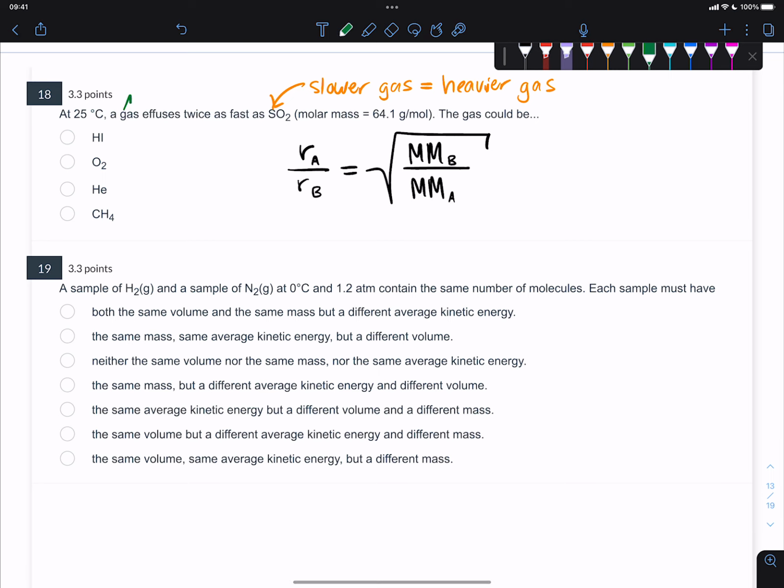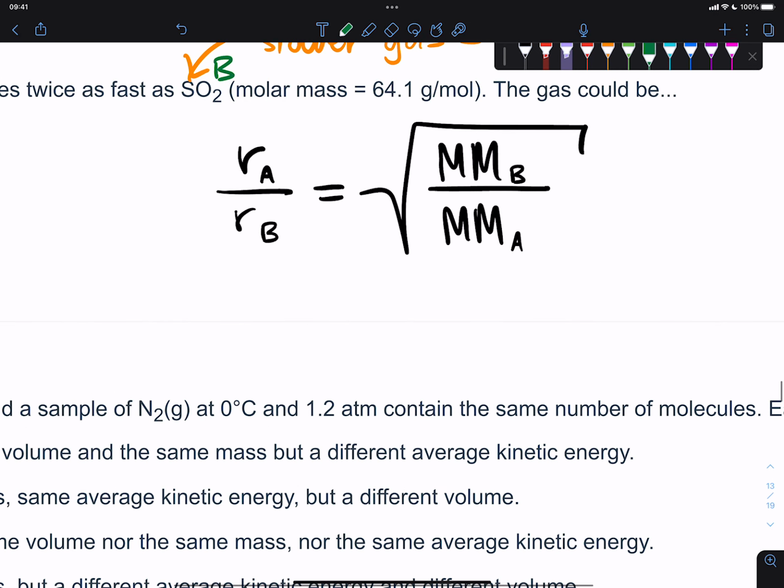We can call this gas A, and this would be gas B. So look, we can go in here and replace some things. Gas A is the unknown, and gas B is SO2, which is sulfur dioxide. That means we can replace gas B with SO2, and gas A is the unknown.